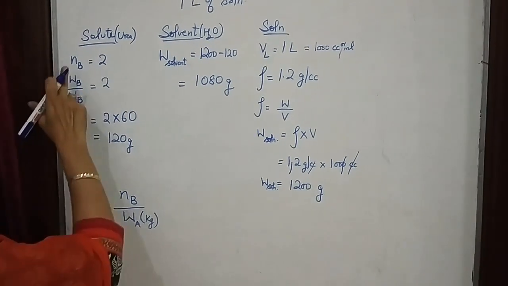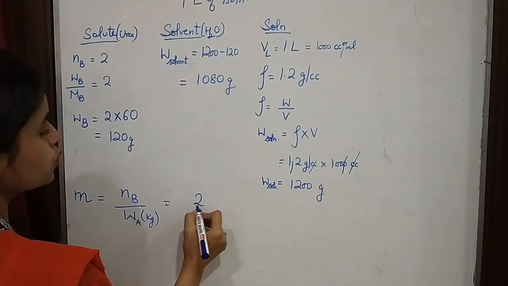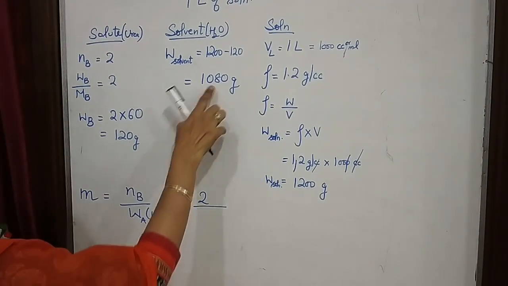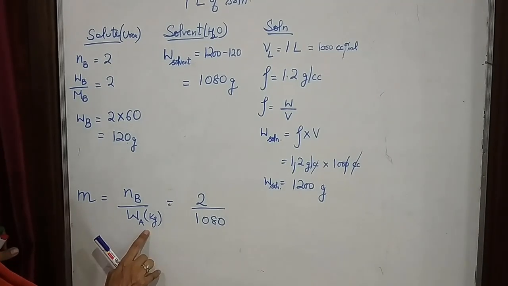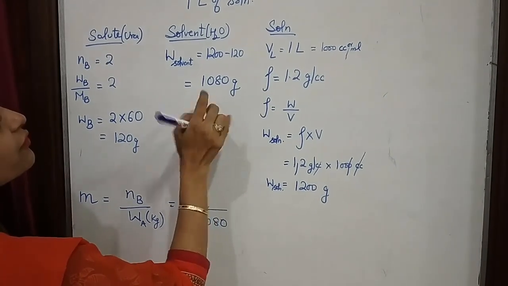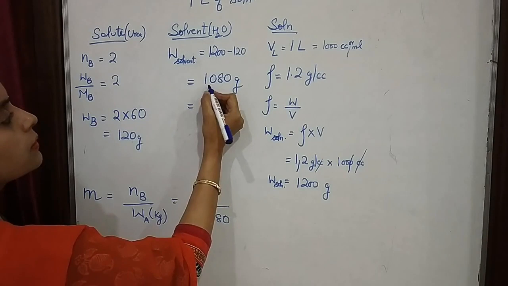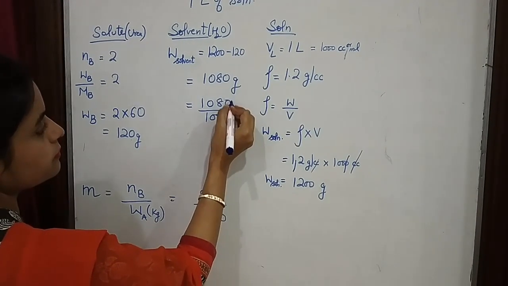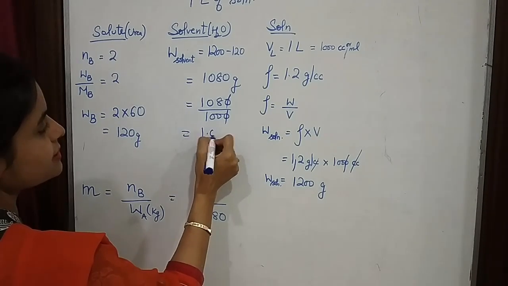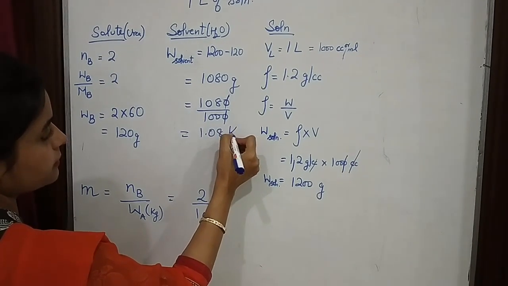The number of moles of solute is given to you, that is 2, and the mass of solvent is 1080, but this needs to be in kg, so you have to convert this one. When we convert by dividing by 1000, we get 1.08 kg.